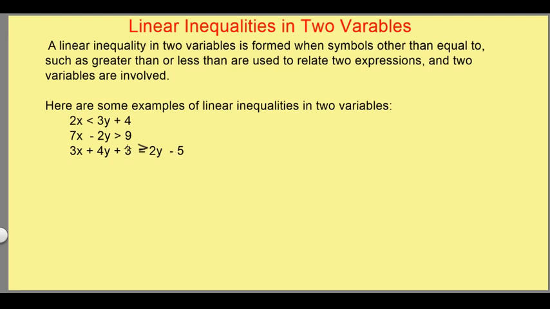So you will see that here we have two variables, x and y. So whenever we have two variables, x and y, in a linear inequality, such is linear inequalities in two variables.